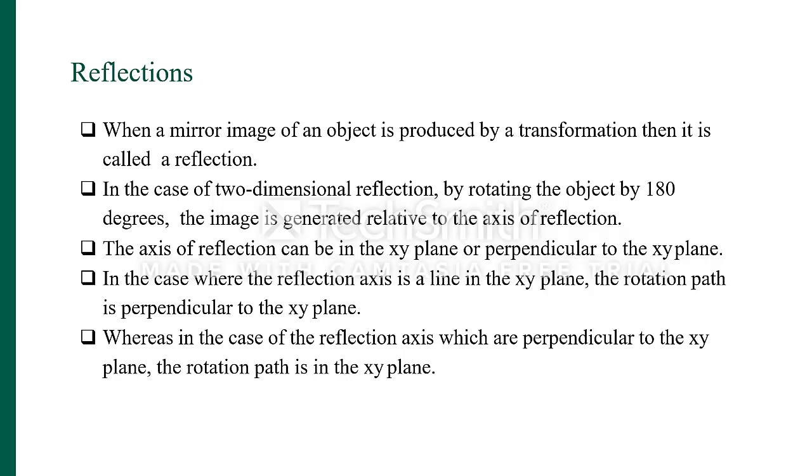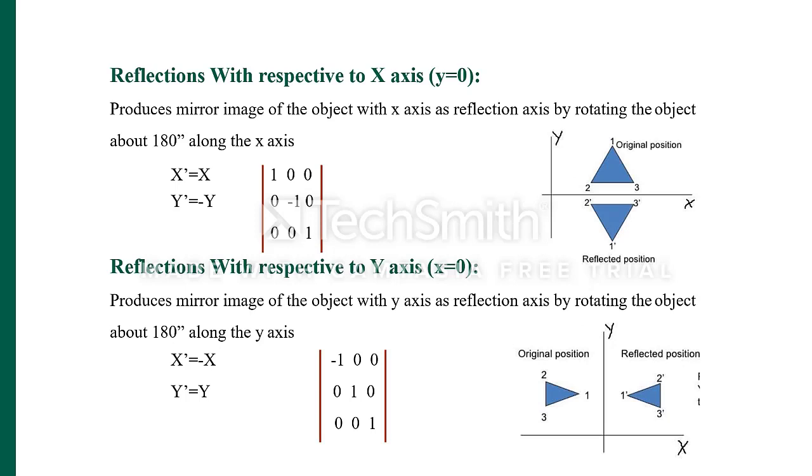The axis of reflection can be in the xy plane or perpendicular to the xy plane. In the case where the reflection axis is a line in the xy plane, the rotation path will be perpendicular to this xy plane, and vice versa: if the reflection axis is perpendicular to the xy plane, then the rotation path is in the xy plane.